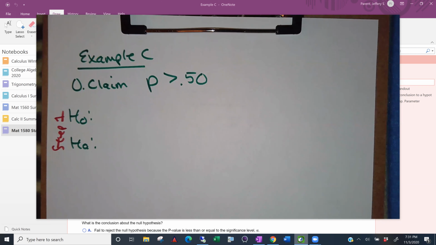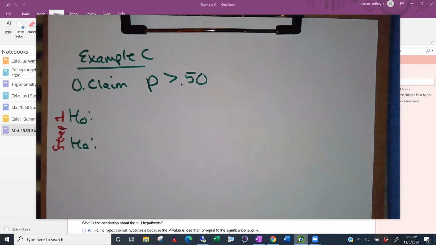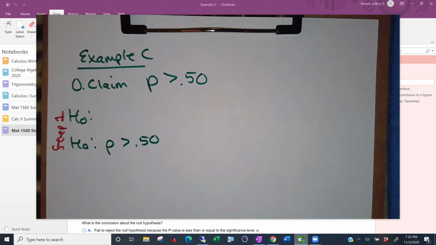Joshing, where would this one go? Is that part of H0 or part of HA? Would it be part of HA? Good, it's part of HA because it doesn't include the possibility of equality.